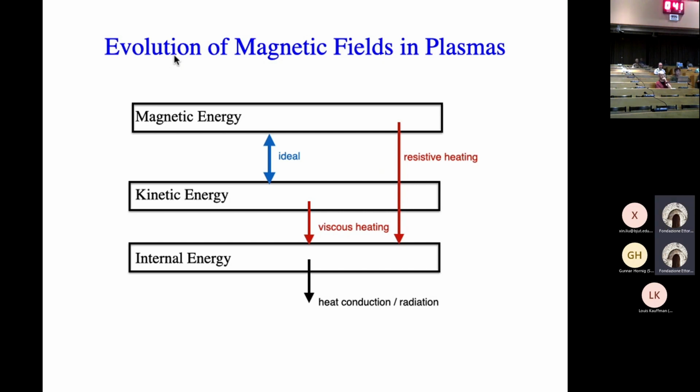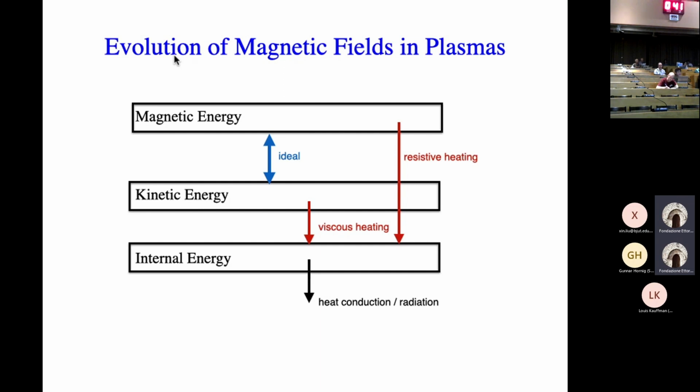Now, I mentioned that the magnetic Reynolds number is extremely high. So the resistive heating is typically very, very low, or the process of losing energy via that channel is very, very slow, right? So that motivates people to look at the ideal evolution.